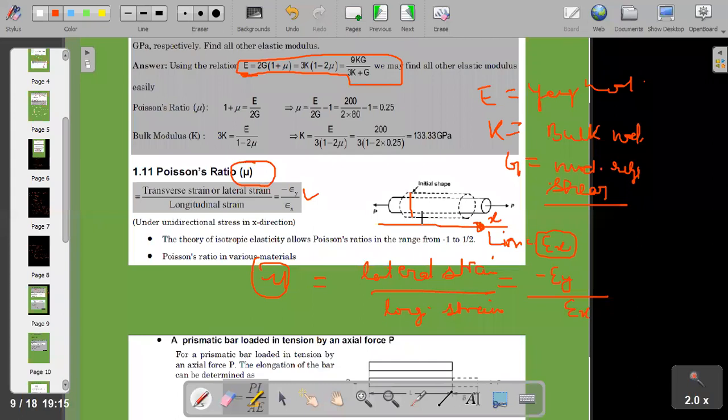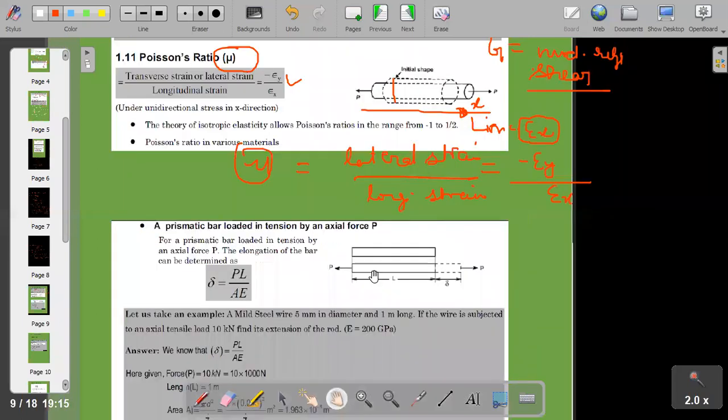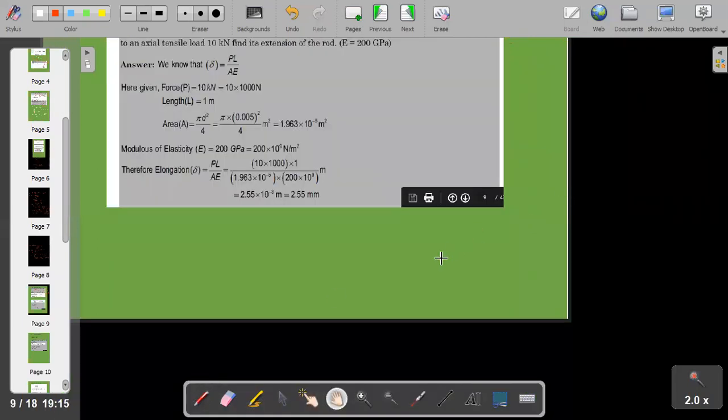there will also be a decrease in the diameter. What happens if you stretch a rubber? Sir, it will decrease. Obviously it will decrease. If you stretch a rubber from both sides, its length will increase, but its total volume will be constant.